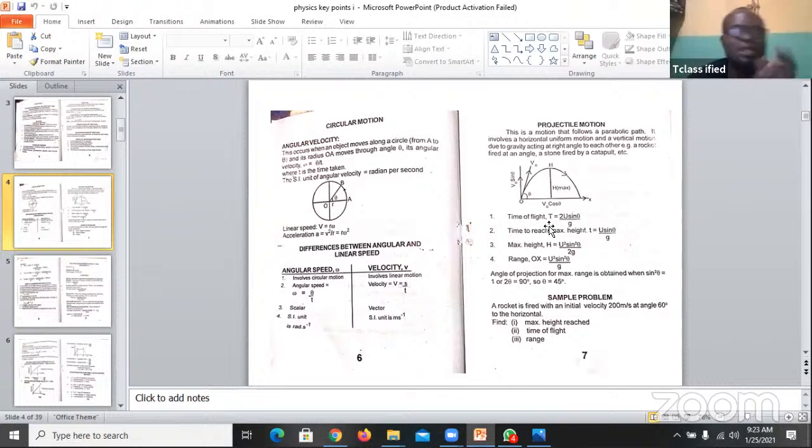Your network is not allowing me to hear you very well. But if you look at this, this is the total time of flight, and this is the time to reach the maximum height. So this time to reach the maximum height, two times it will give you the total time.